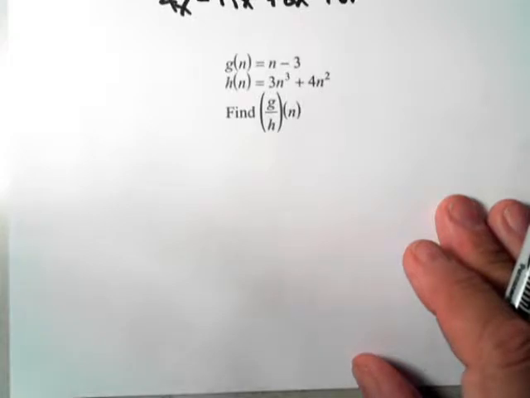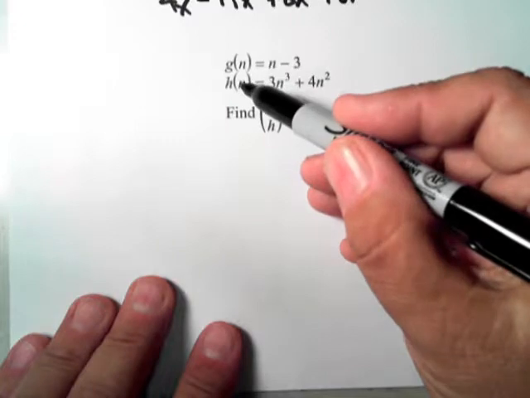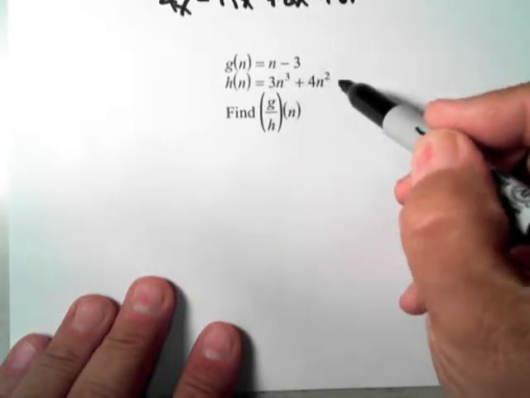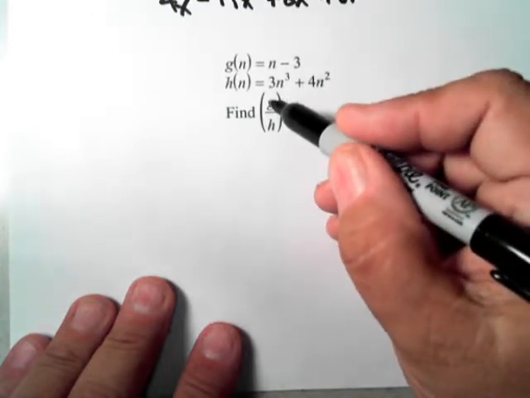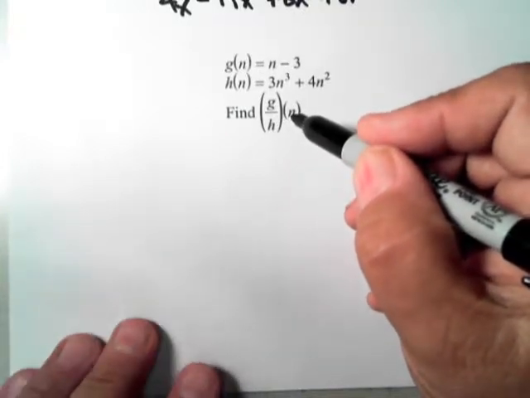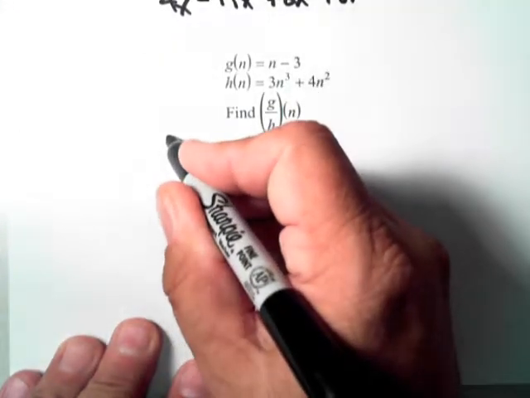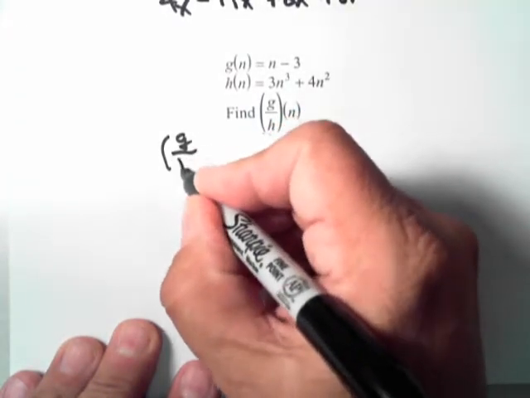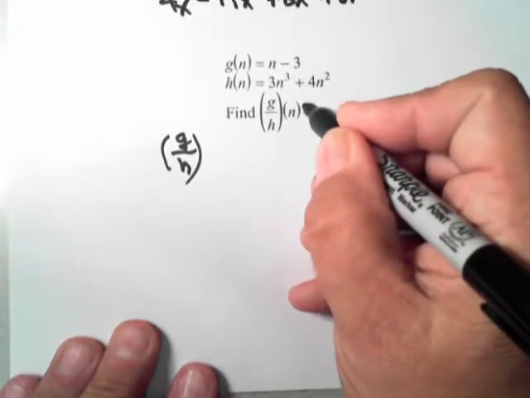Here we are. Okay, once again, we've got g of n and h of n defined for us. We know they're functions because we got equations on the right side here. And it says find g over h of x. Well, that simply means that we're dividing these guys. So again, here's what it's going to be. g over h of, and let's see, it's not x, it's n, huh?